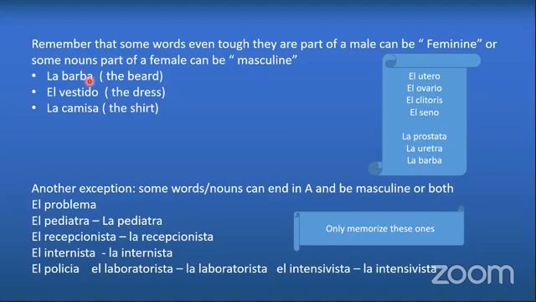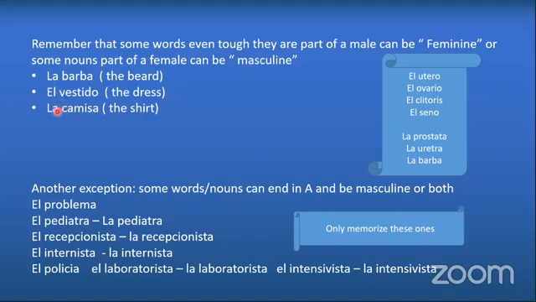Even though the guys are the ones who own la barba, it is grammatically feminine. El vestido is the dress, the kind of blouse and skirt type of thing. Who wears that? Usually girls. The girls, we wear the dress. Even though we wear the dress, el vestido ends in O, it is a masculine noun. That's why you have to put the article el.